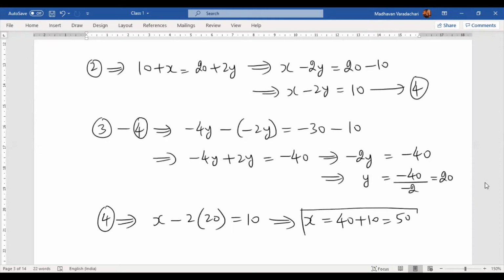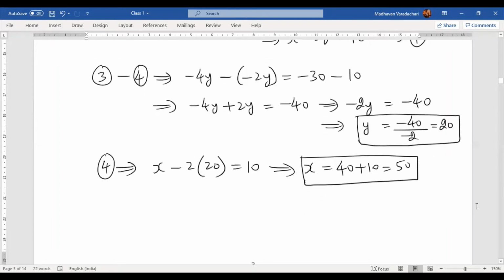So x is 50 and this is our y, 20. So the father's age and son's age are 50 and 20 respectively. Son's age is 20 years.